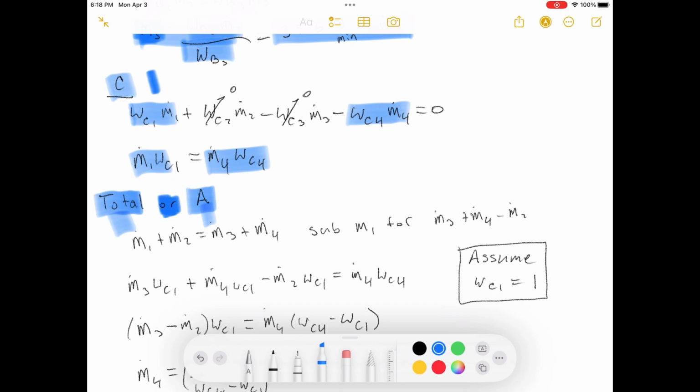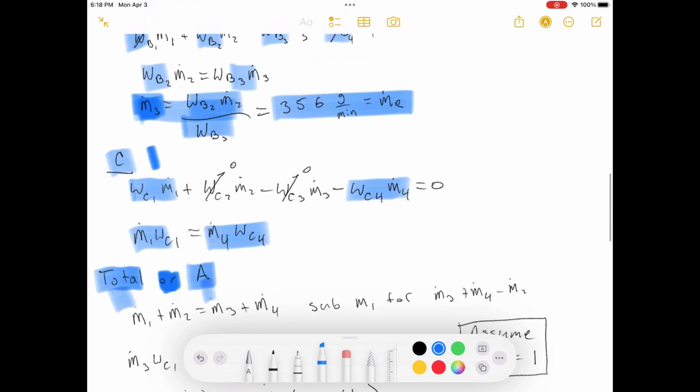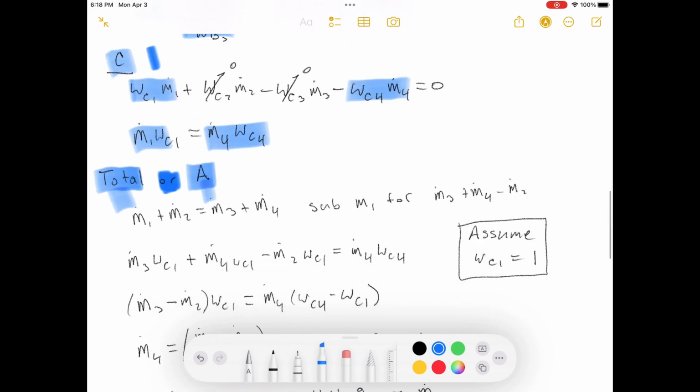Because if we use B and C, total is not independent of A. So you don't actually have 4 here. You can choose which one you want to use, either total or A, and then you'll have 3 independent equations. If I use all 4 of them, I won't have an independent set of equations.